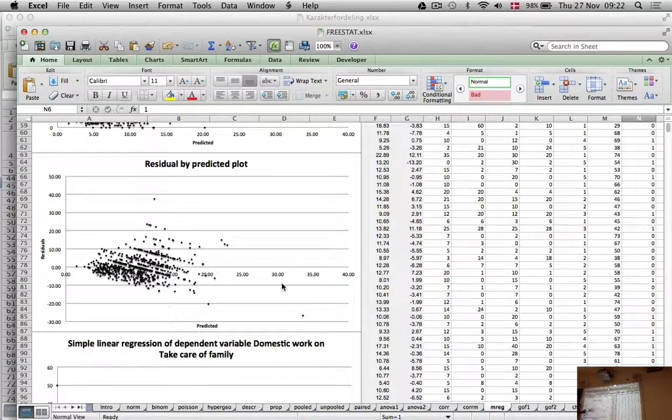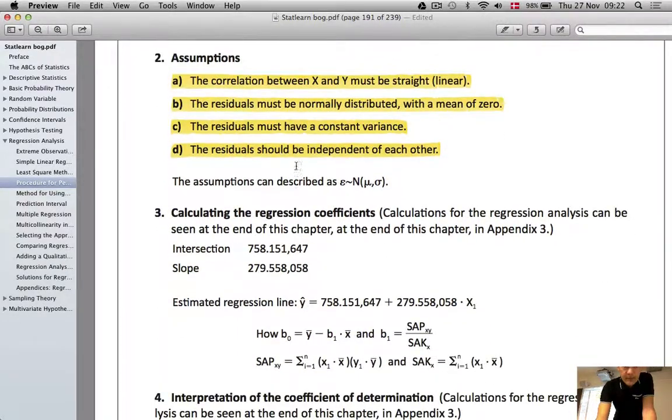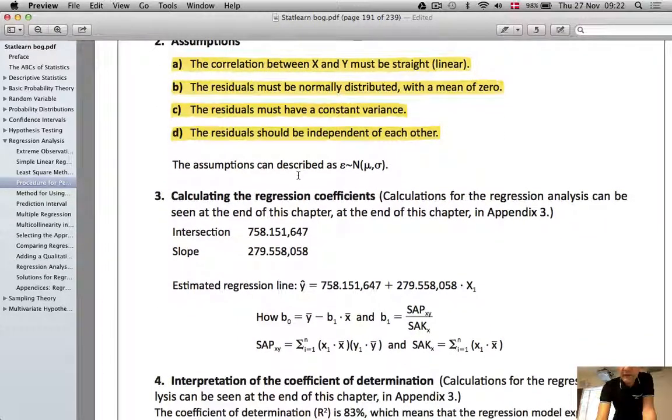We would like the residuals to be completely random instead. So we have to watch out for these four assumptions.